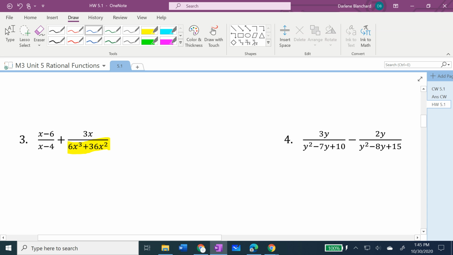You can factor out an entire 6x squared. And what's that going to leave? X plus 6.